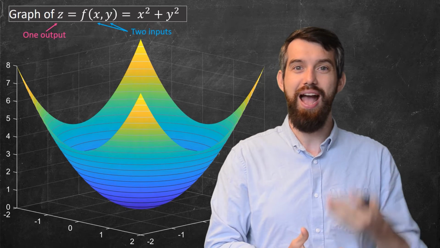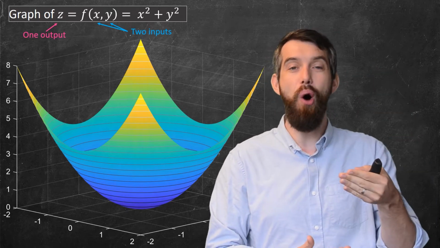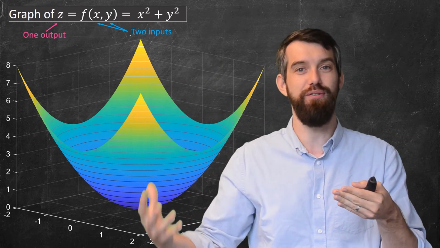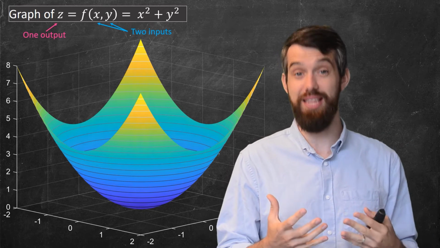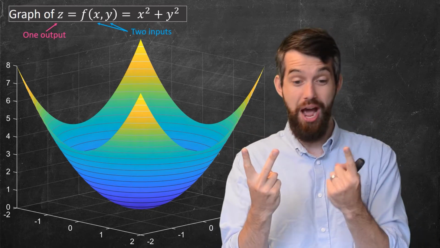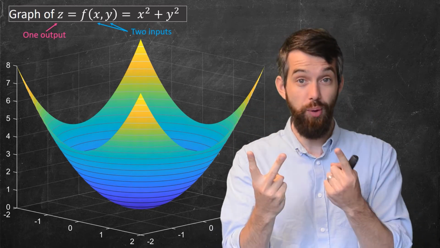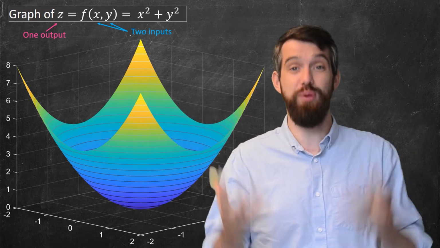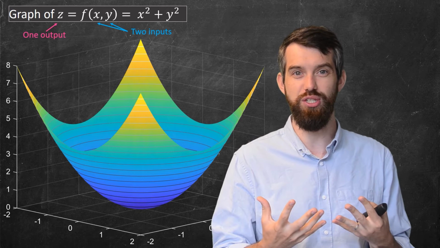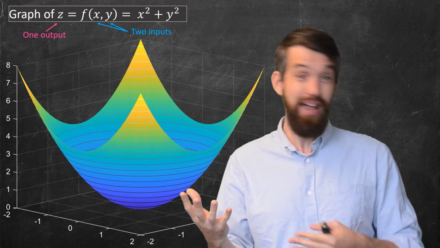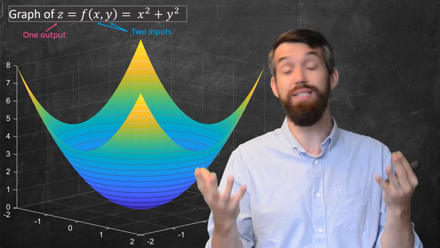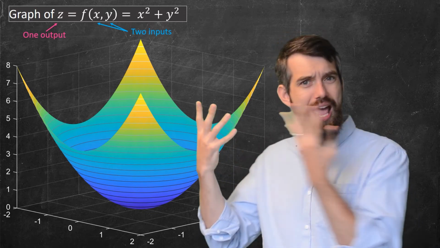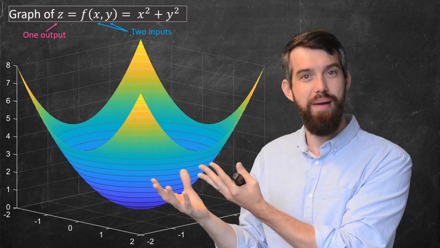You could have an x and a y and a z that all change based on different types of inputs. Now, there's one nice thing about having 2 inputs and 1 output: the sum of 2 and 1 is 3, and this 3-dimensional graph, well, we live in 3 dimensions. We can visualize things in 3 dimensions. It's possible to have more inputs, and it's also possible to have more outputs. That's all entirely okay. It's just that you can't graph it quite as nicely in 3 dimensions.